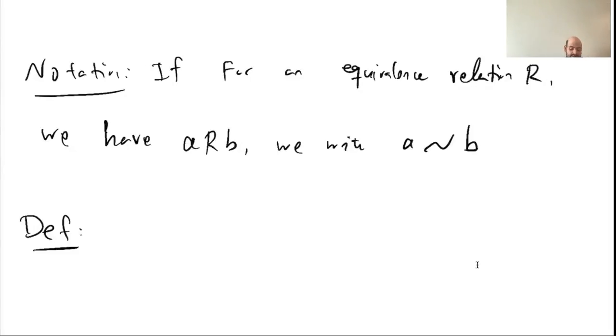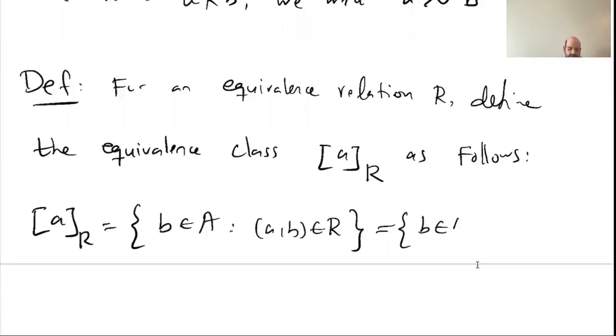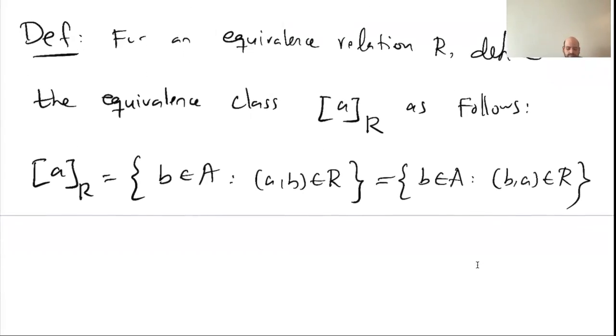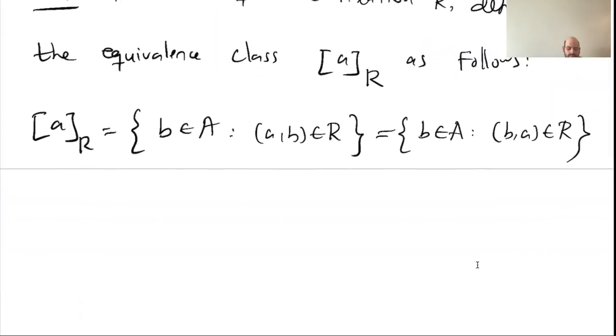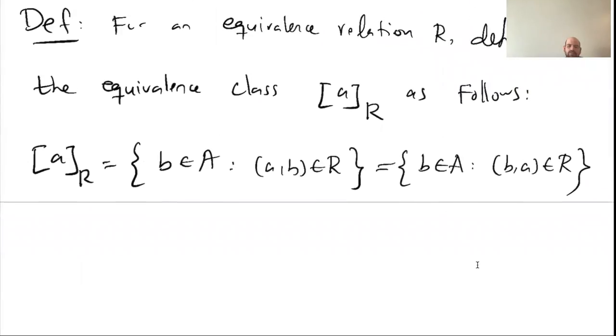So the equivalence class of a, where a is in A, is defined as all elements b in A where (a, b) is in R. Or the same as saying all elements b in A where (b, a) is in R. So this is called the equivalence class of a.